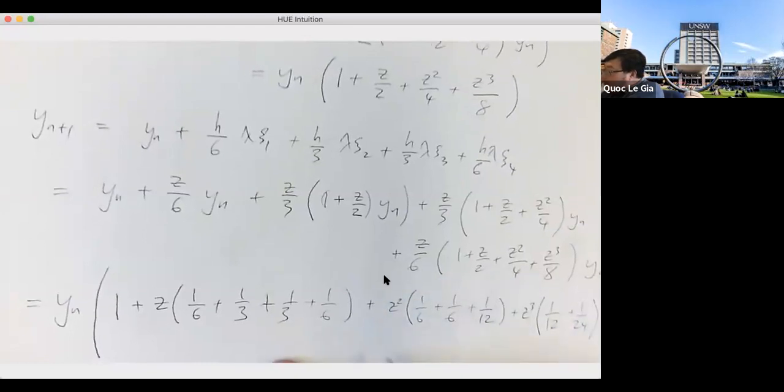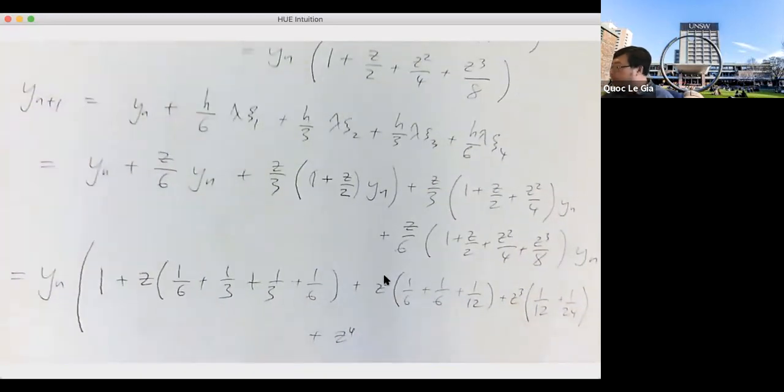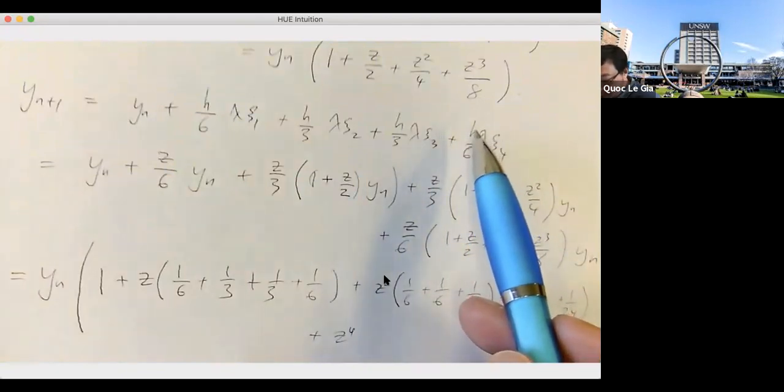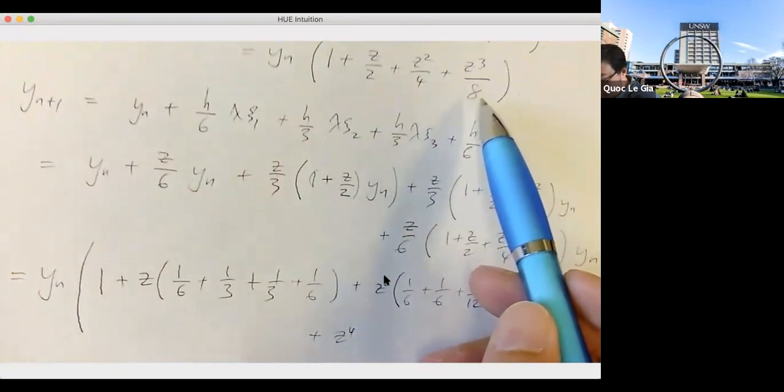And what gives you z4? So z4 is just this one. So z6 and 8 here. That's correct. So that last one will be, let me check.